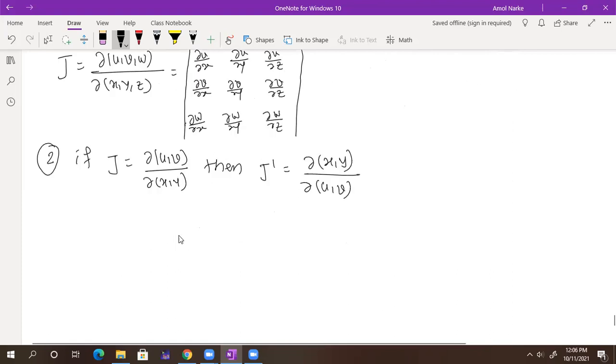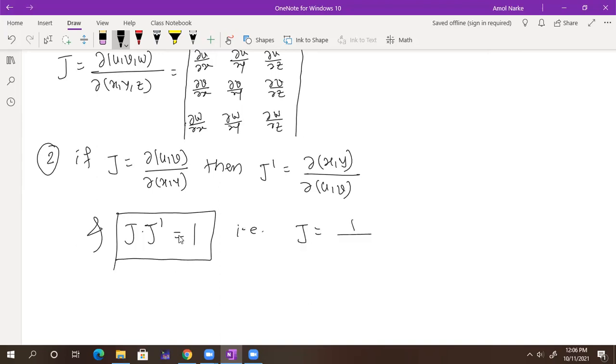And J into J dash is always 1. This is a very important remark. That is, J is nothing but 1 upon J dash, and J dash is nothing but 1 upon J.